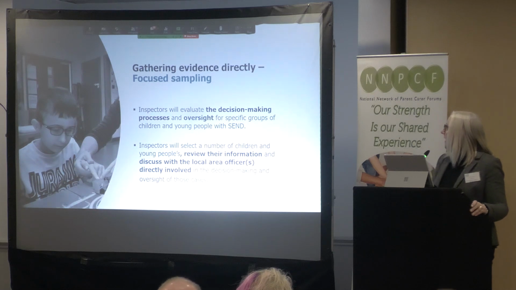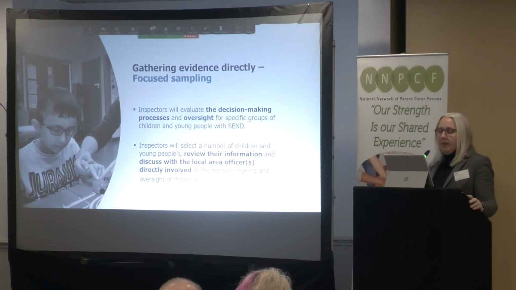So along with that case tracking, I talked about focus sampling, and what we mean by focus sampling is things like looking at the quality of EHCPs, and there's a lot of time spent looking at that. What about the fair access protocols, looking at the dynamic support register? So it's that sampling of different areas, and that's absolutely key to the decisions that are being made about children and young people.